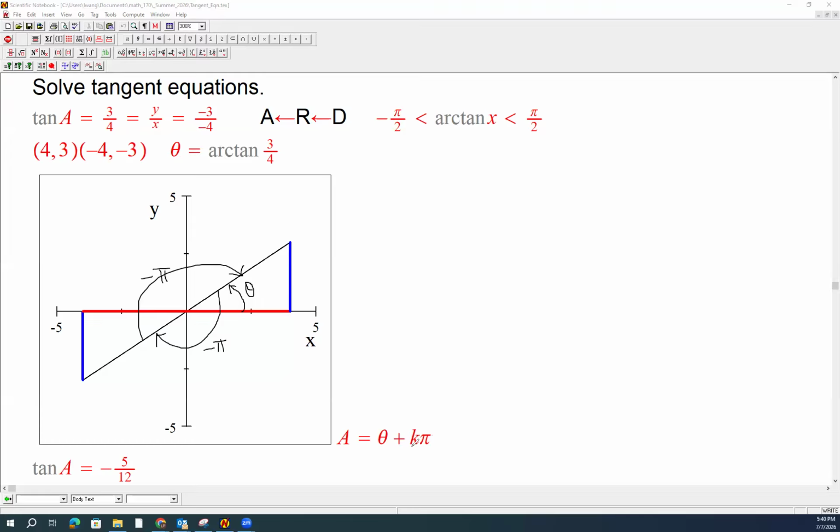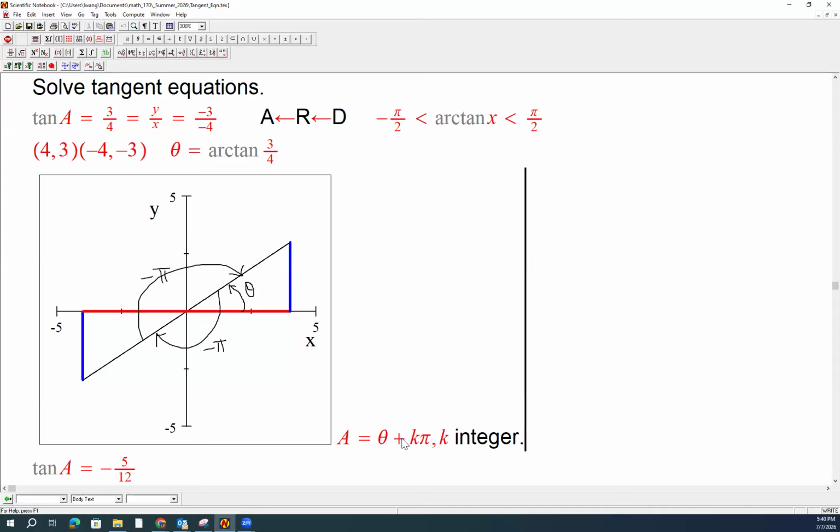So k can be any integer, and here we have found all possible solutions. You can see the solution for tangent is very simple: just plus k pi, where k is any integer.